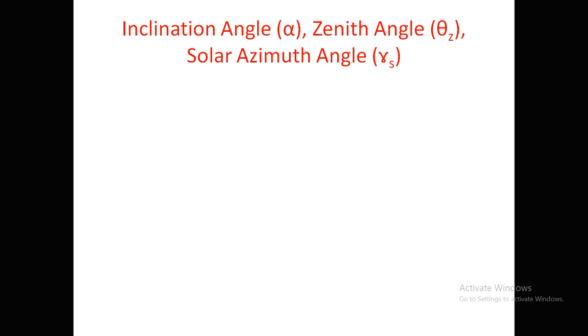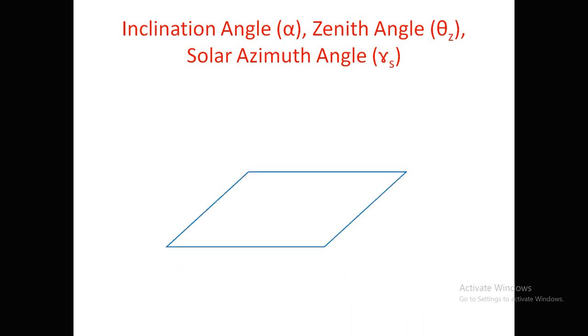This is only one diagram and it gives us three angles. Okay, one angle is the inclination angle alpha, the second angle is the zenith angle theta z, and the third one is the solar azimuth angle gamma s. Let us first draw the diagram so that we can understand these three angles better.